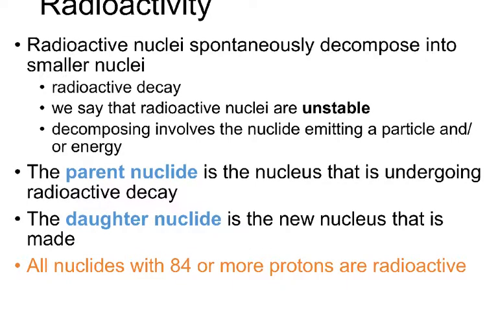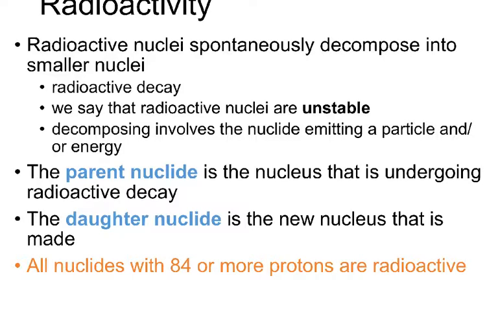Radioactivity comes from these elements that are spontaneously decomposing into smaller nuclei. It's called radioactive decay. Those nuclei that undergo radioactive decay are unstable, and in order to decompose, the nuclide emits a particle or energy. More terms for you.